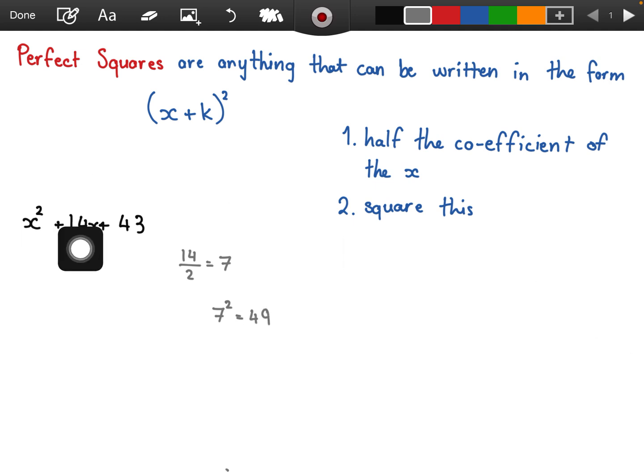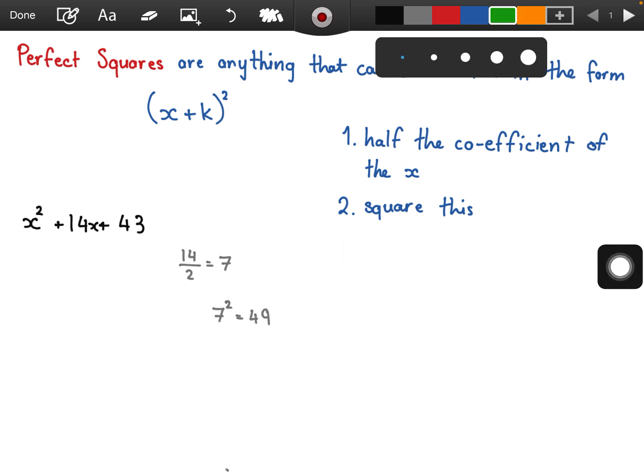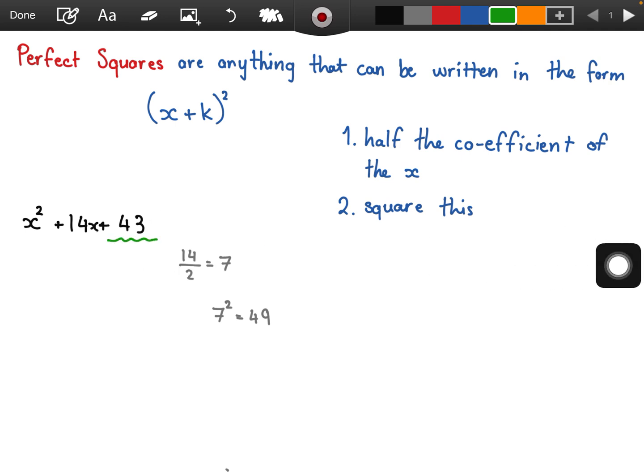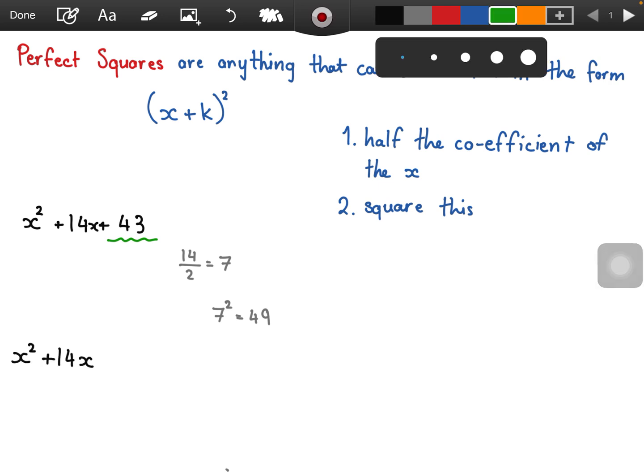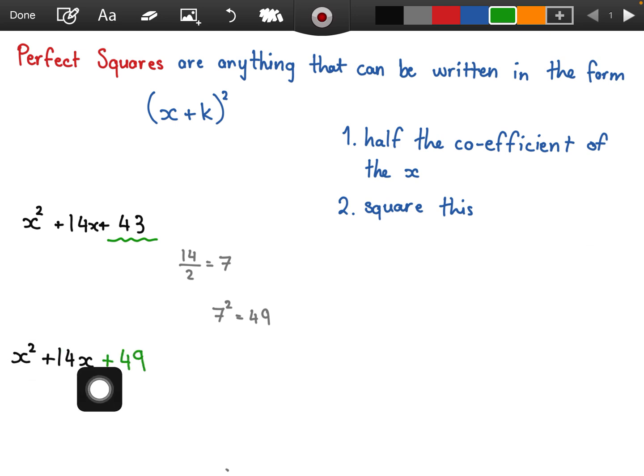So I want to rewrite all this out, but I want to somehow rewrite this last part with 49. So I'm going to rewrite it as x squared plus 14x, and I want there to be a plus 49 there, because that's going to allow me to write all this in square form with something else at the end.